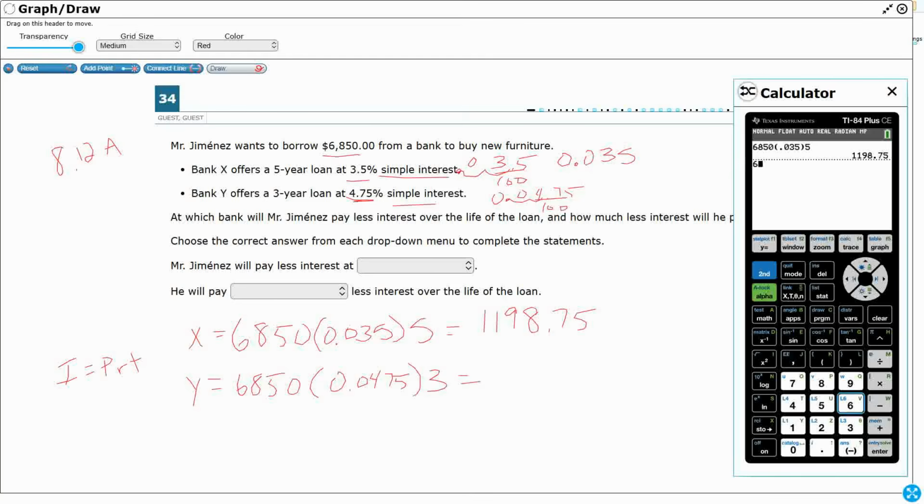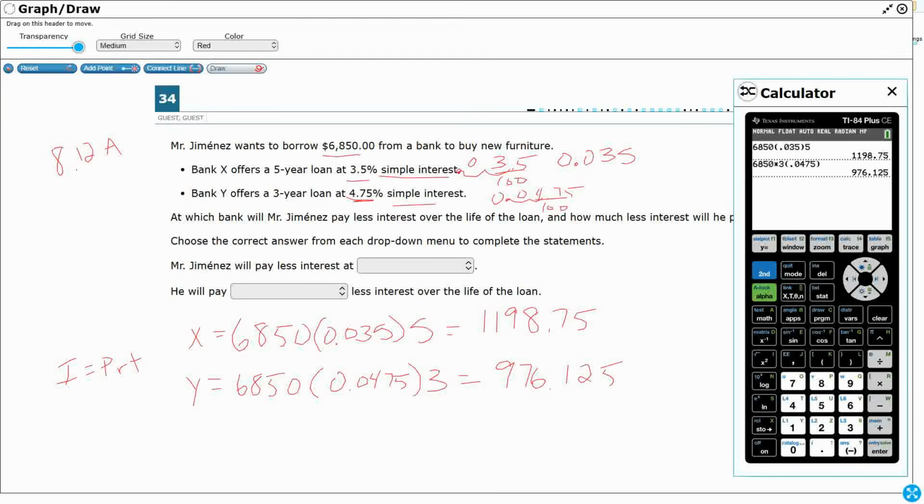Let's try that. 6850 times 3, and then I'll just use that, 0.0475. We can use the commutative property and rearrange the factors. All right, 976. So it's a higher interest rate, but it's less time, two years less.